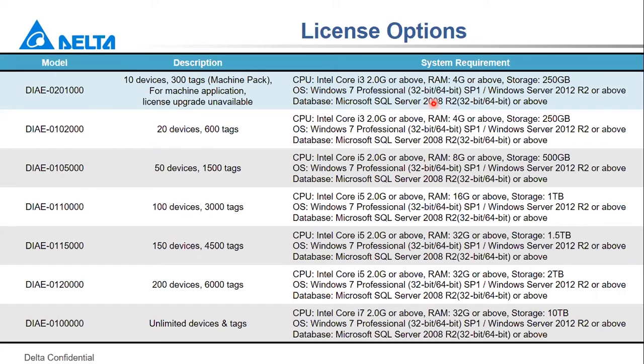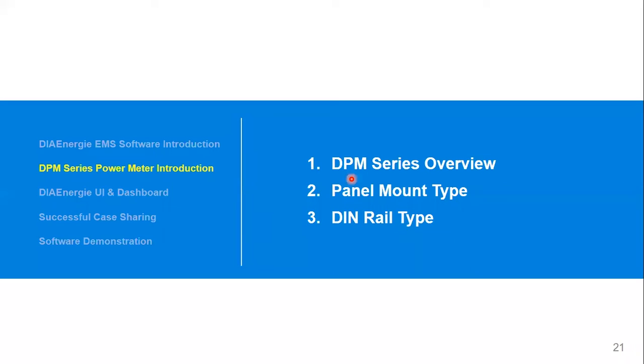One device means one Modbus node. This is one device, not including the gateway or something else. I mean the end device, like the power meter or the flow meter. Okay, and this is all the system introduction.